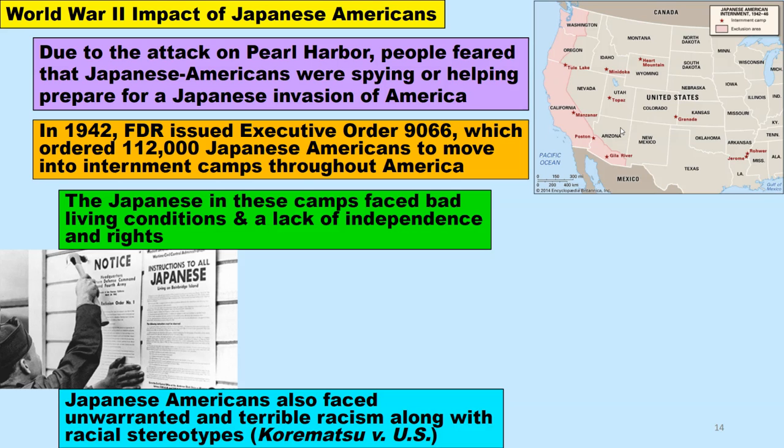And the Supreme Court rules that it is justifiable and constitutional to do this during a time of war. So it's just another one of those things that happens where national security is placed above the rights of American citizens.